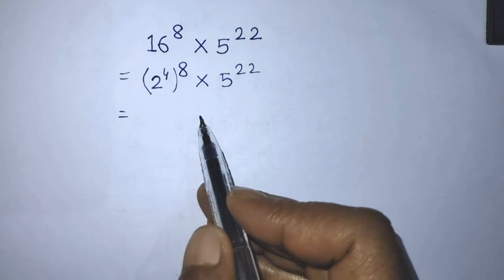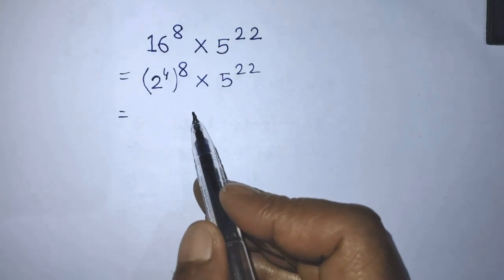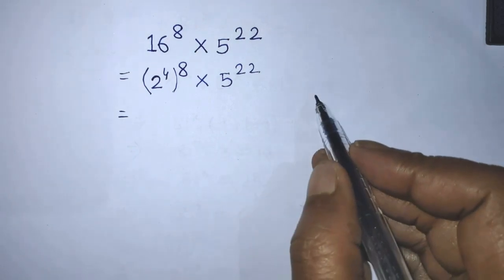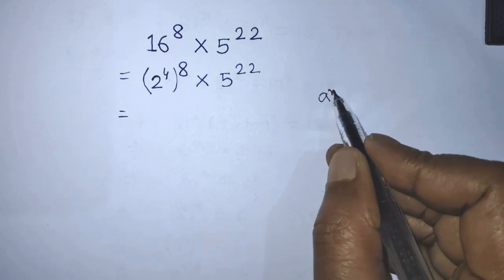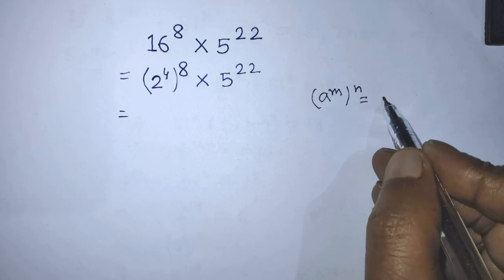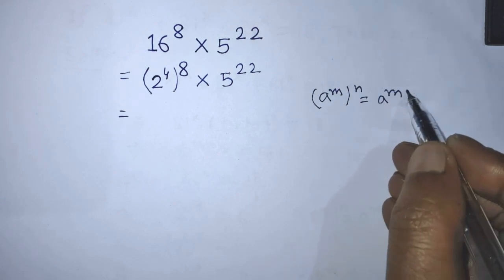To simplify the first exponential form in this algebraic expression, we have to apply the formula a to the power m whole to the power n is equal to a to the power m times n.